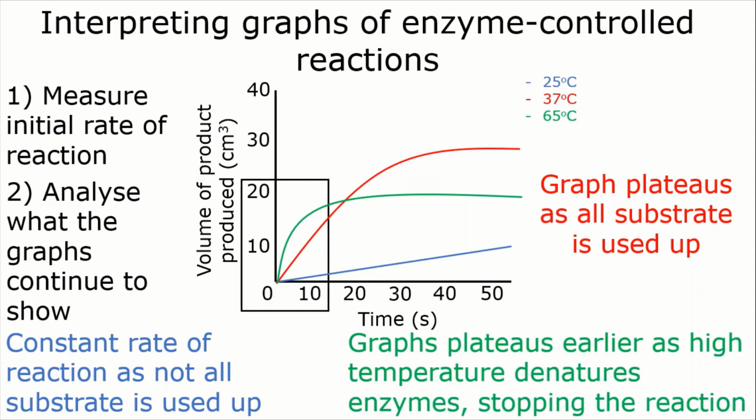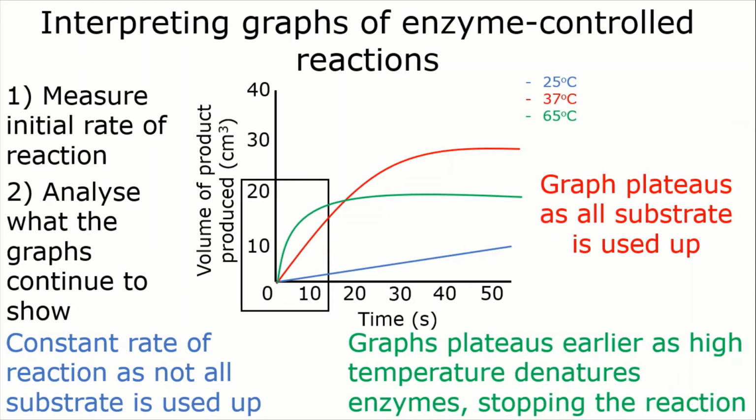Now at 65 degrees, we can see our graph is going to plateau much earlier. So obviously at 65 degrees, the enzymes and the substrate have a lot of kinetic energy, they're vibrating a lot more, there's a lot more movement, so they're more likely initially to collide and form an enzyme substrate complex.